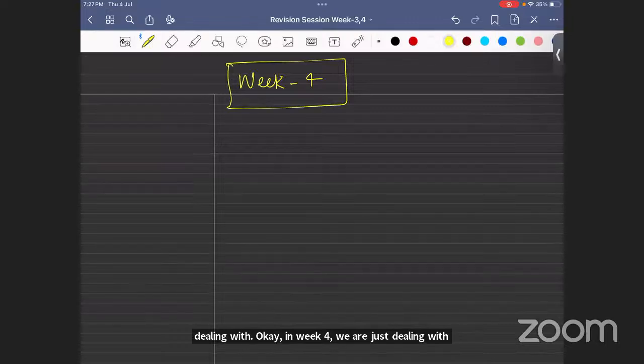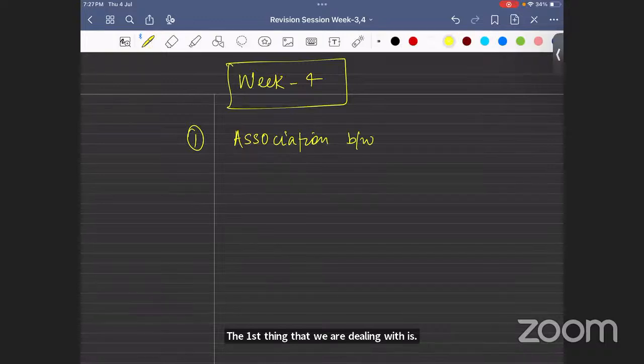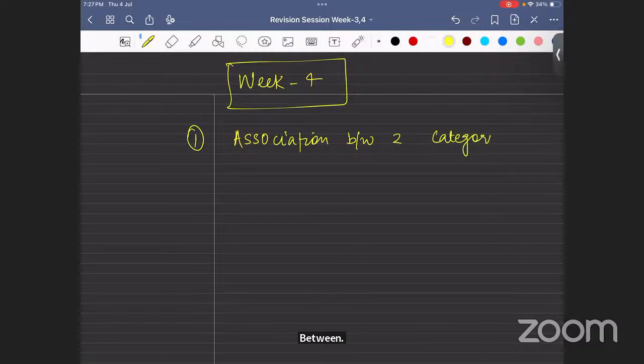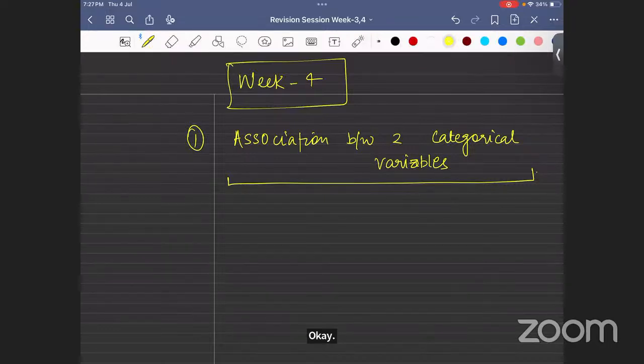The first thing that we are dealing with is the association between two categorical variables. We'll deal with the other things also. We'll just start with the first one.